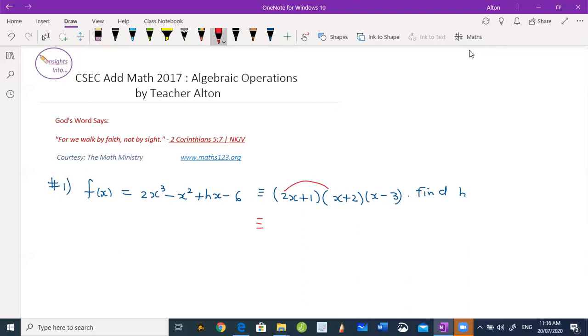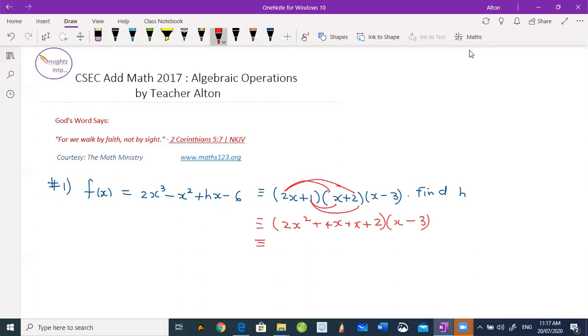So let's multiply 2 by x. Let's work out the product of the first pair of brackets. That's 2x squared. 2x by plus 2 is 4x. Then 1 by x, and 1 by 2. Let's keep our last pair of brackets there, x minus 3.